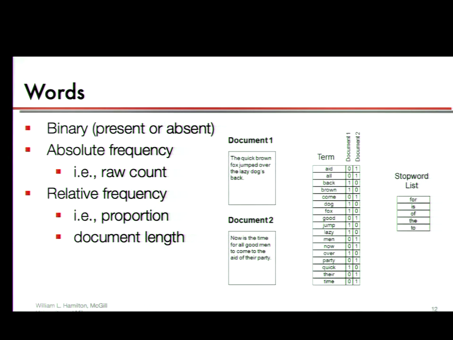But of course, you might want to incorporate the actual frequency, so the actual count of the word in this document. So the feature vector for a document is going to be, say you have 10,000 possible words in your vocabulary. The feature vector is going to be a 10,000 dimensional vector where you're going to have an entry for each word, and then the value of each of those entries is how many times did that word occur.